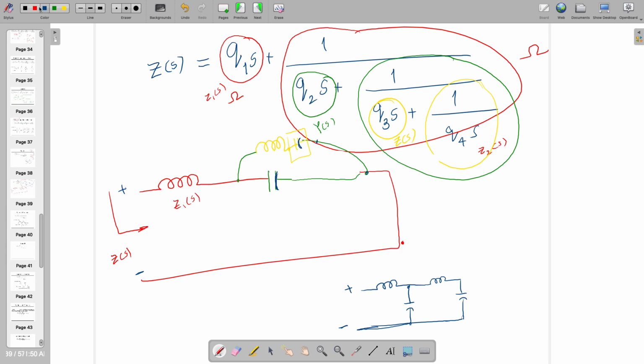But if in case I am having 1 by Q5S, then this is admittance, which is going to be in shunt with the new entry, so it has to be here with the inductor, right? If I am adding one more capacitor, it's going to be here, right? It looks sometimes complicated, but you have to do it on your own, and then you will learn it. That's why I'm asking you to practice here, right?